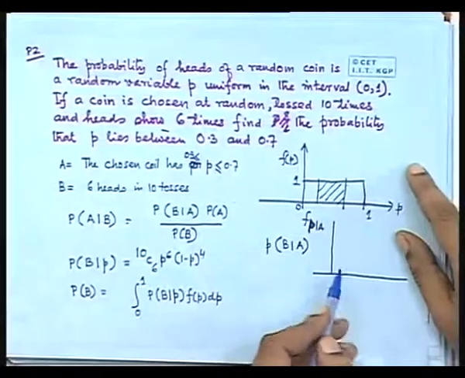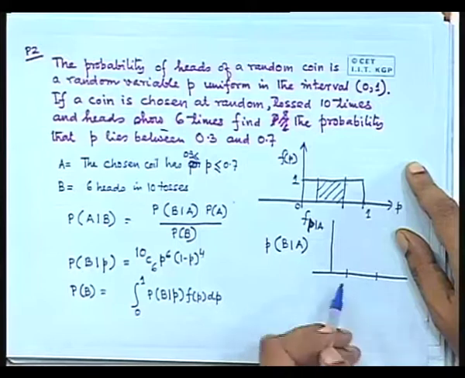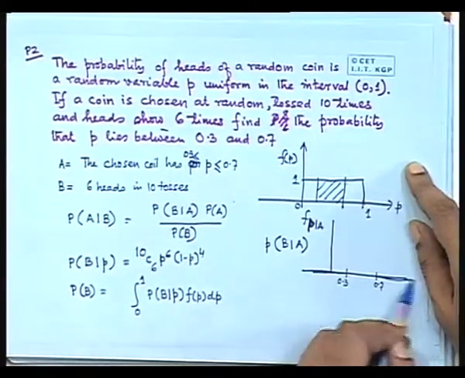So now it will exist only between 0.3 and 0.7 of P, everywhere else it will be 0, because you do not have any other coin. And since the whole thing is uniform, here also it will be uniform in any interval.